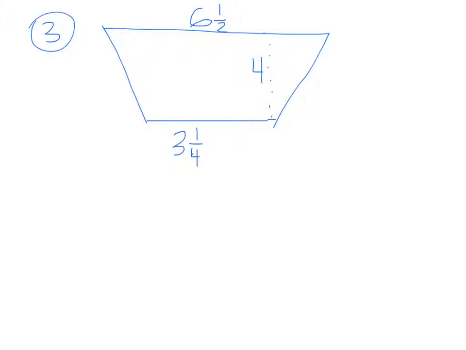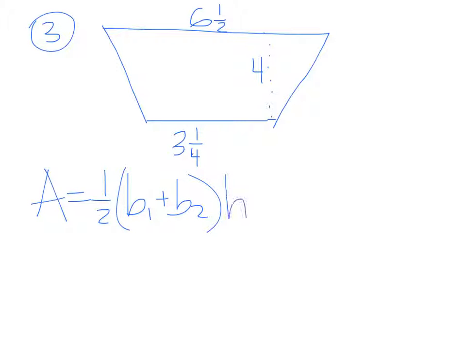Alright, in example 3, we have a trapezoid. And so first we've got to start with the formula for a trapezoid, which is 1/2 times parentheses B1 plus B2 H. So we're going to plug things in now. B1 and B2 are always the parallel lines on a trapezoid.